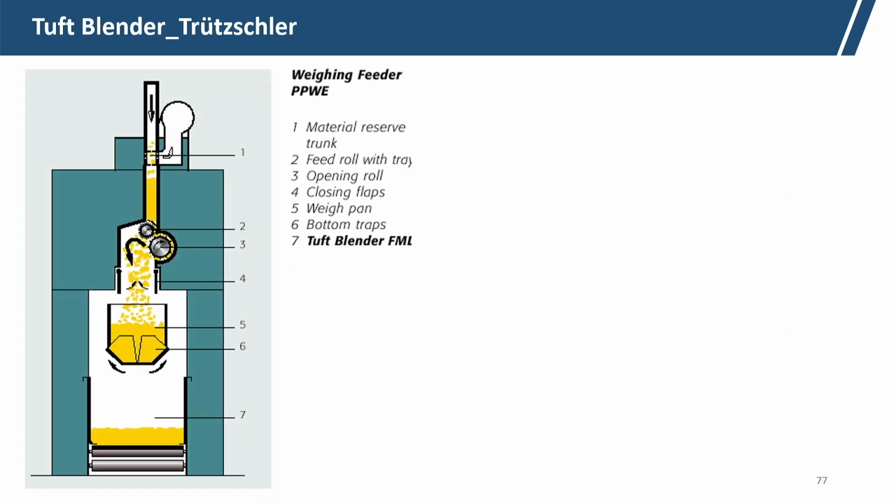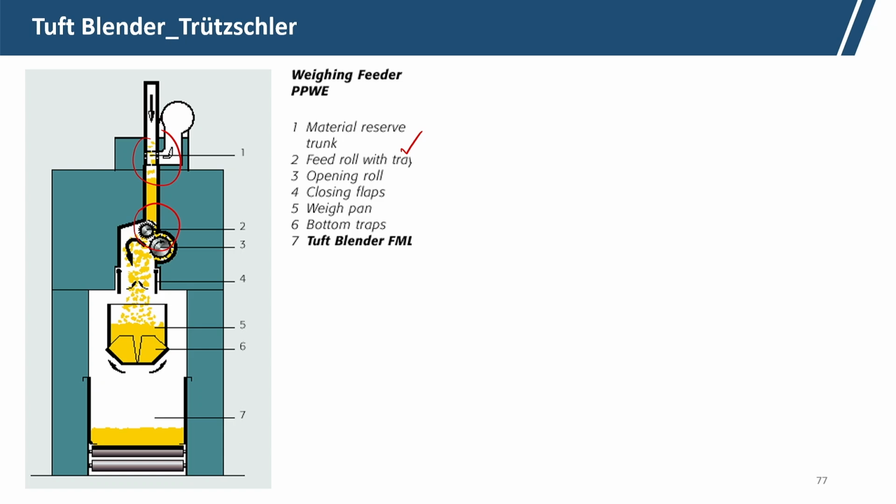The Taft blender, which was proposed by Trussler, contains different segments. This is a material reserve trunk where material is reserved, then a feed roll with tray, through which the material is fed.